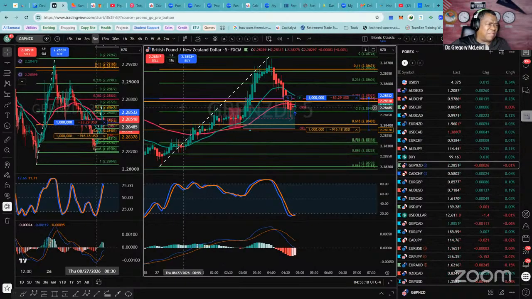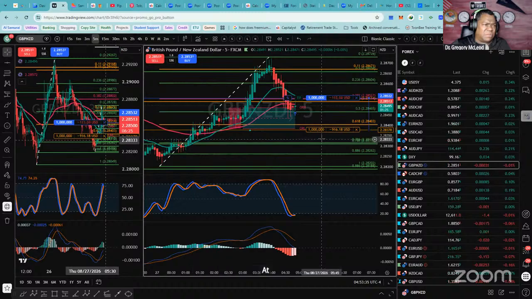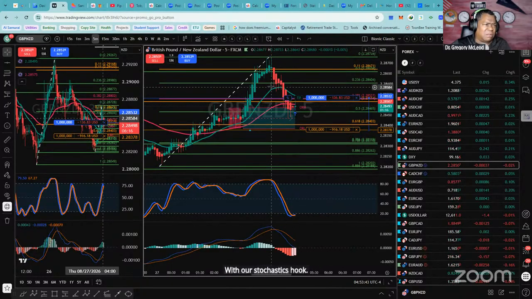with about 7 minutes left in our trading session. We'll see if we get a dead cat bounce here at 2.2849 with our stochastics hook, our moving averages, our pullback to a Fibonacci.